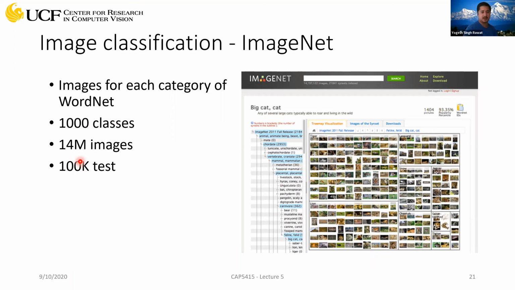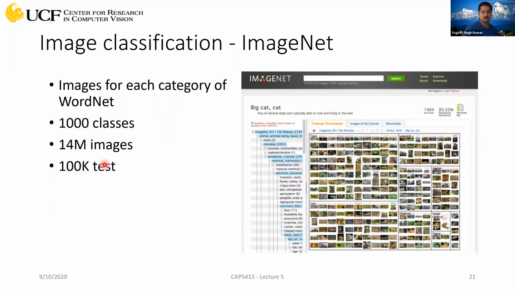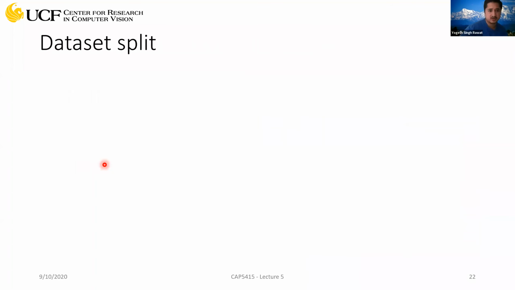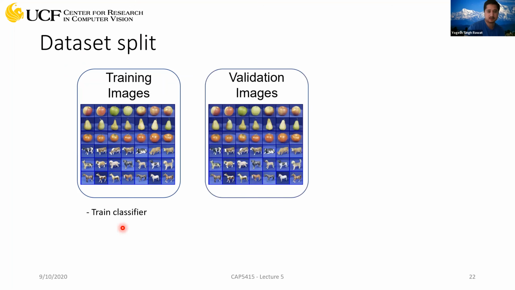In the test set, we have 100K images, and we'll cover what a test set is and what a training set is. So to learn features or to train your models or to also extract your features before testing, you need some training images, all right? And you use these images to train your classifier. You also have another set which is called a validation set.